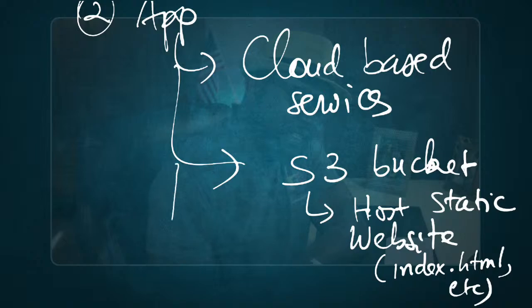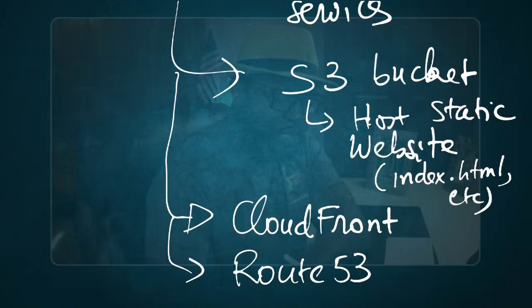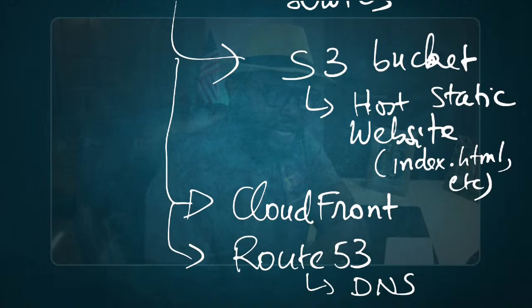And the next thing that you will need is CloudFront. And to this you can also add Route 53. Route 53 will allow you to take care of the DNS, and DNS is domain name service.